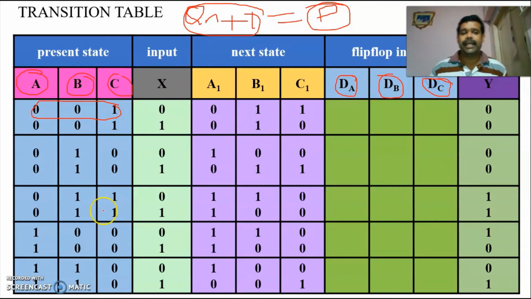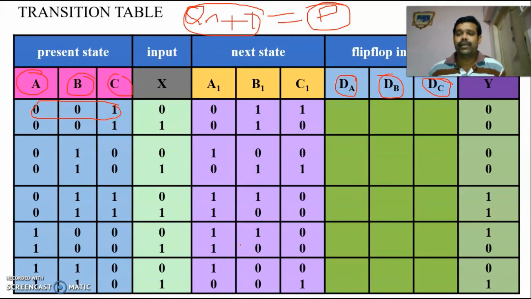Please listen. Here we are doing it by D flip-flop. Unless mentioned in some problems, they will clearly mention do it by SR flip-flop or do it by JK flip-flop. If they are mentioning a particular flip-flop, use that.